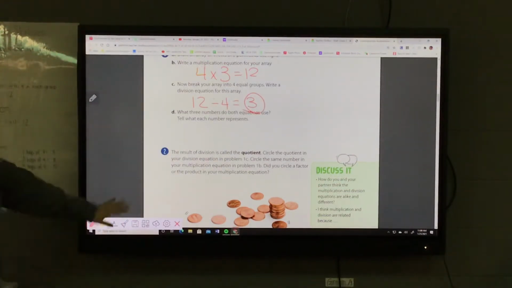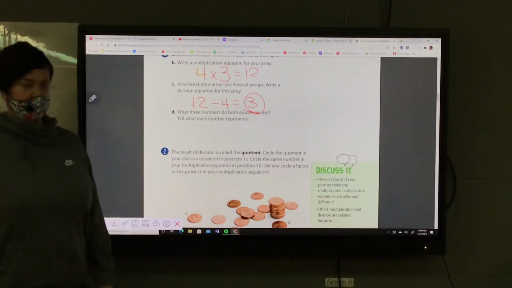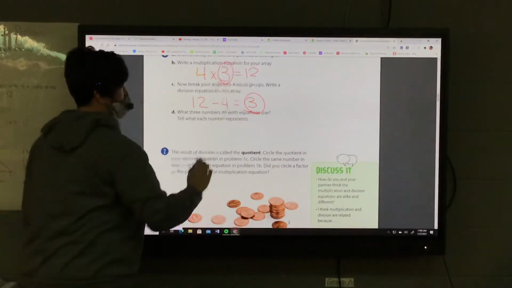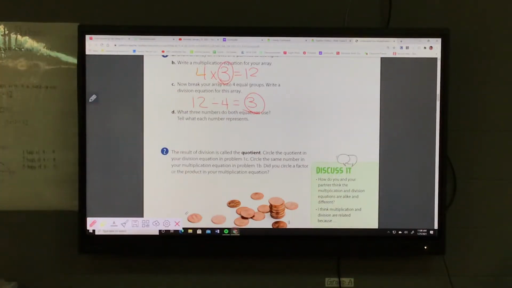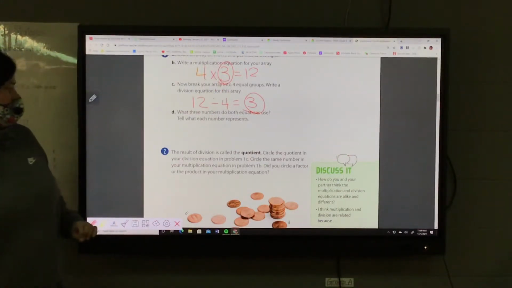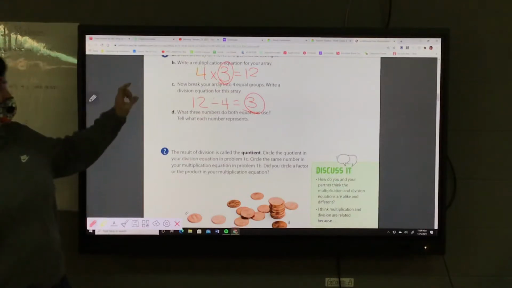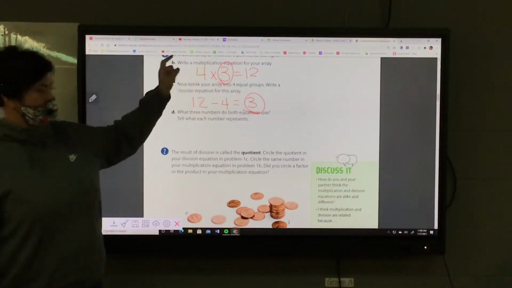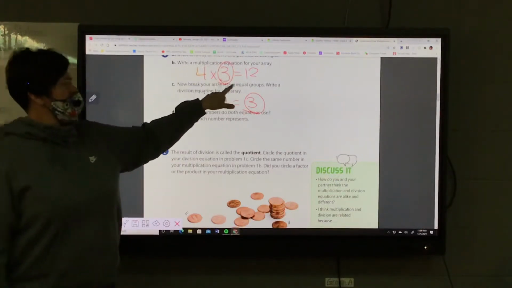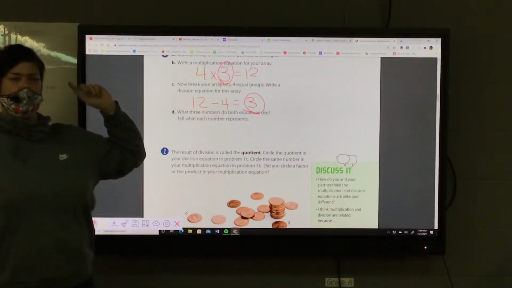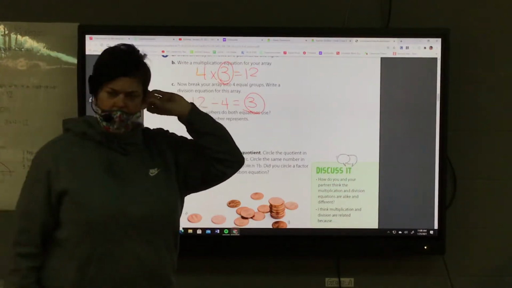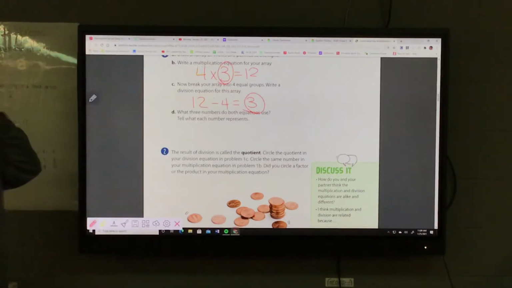Now circle the same number in your multiplication equation. What number are you circling? 3. In our multiplication equation, did you circle a factor or the product in this one here? Factor. You circled a factor.